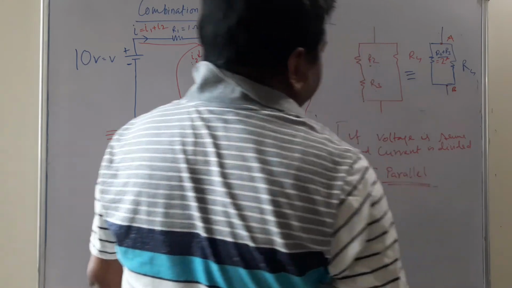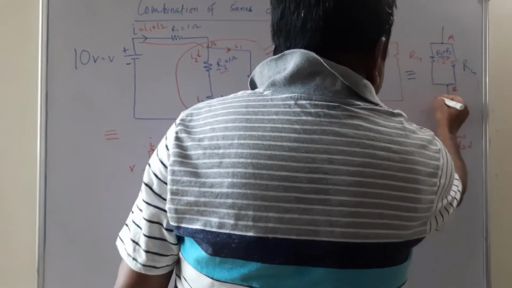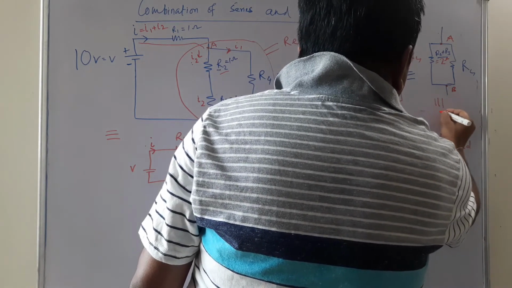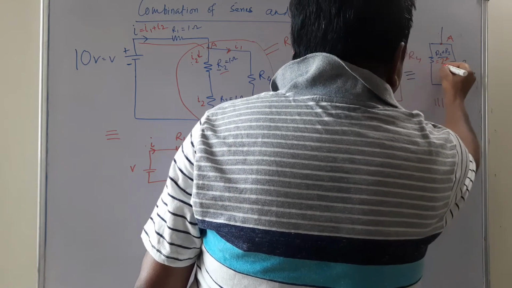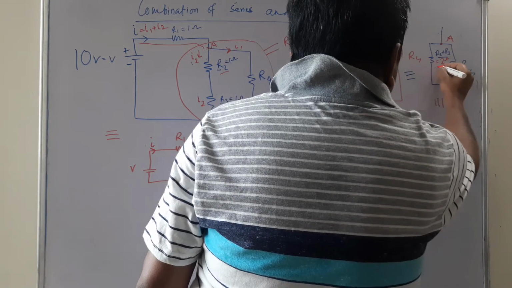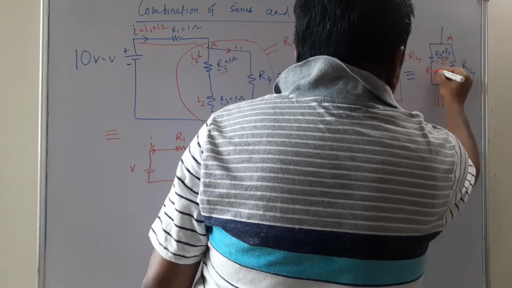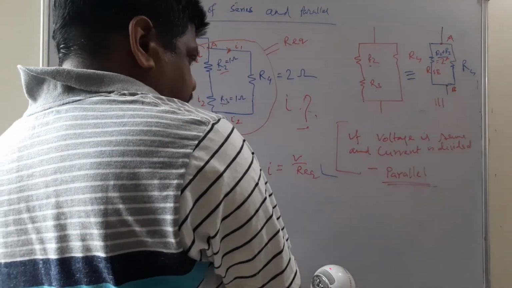The property of parallel connections. Okay, so now let's create equivalent circuits. So this will be, let's give it a name, R series equivalent. So R series equivalent is 2.